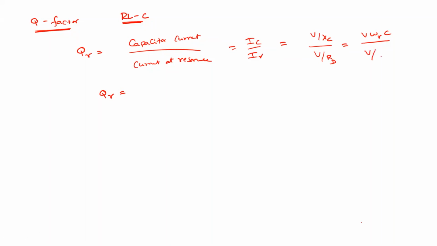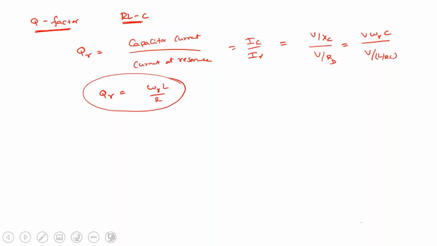Okay. So it will be V into, what is RD? RD is L upon RC. L upon RC, right? So what is this entire thing? It is omega L by R. V gets cancelled, C gets cancelled, so you're left with omega L by R. Yes, sir.